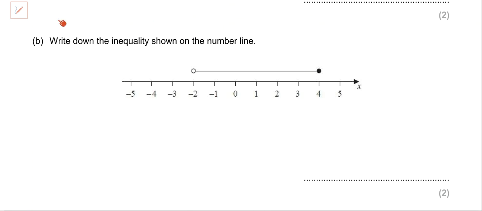Write down the inequality on the number line. So there is an x, so we should be writing x. There is a solid dot that has to be less than or equal to, and there is an open dot. 1 mark for getting this right with the 4. 1 mark for that right with the -2.